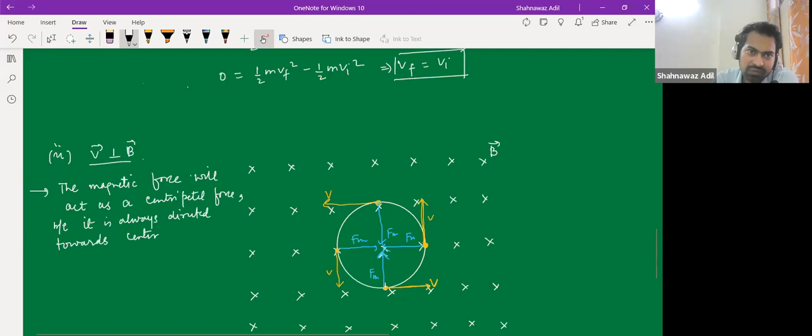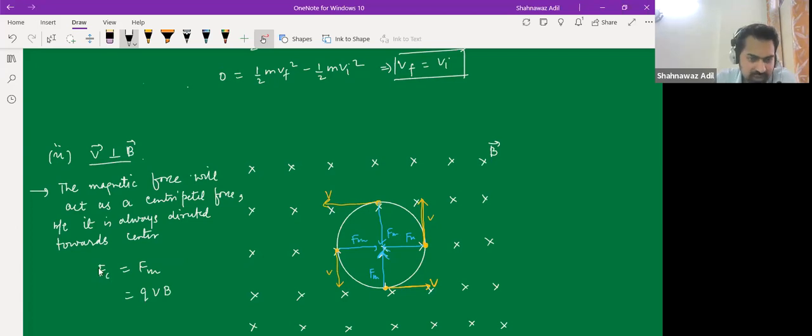So if Fm is the centripetal force, we know Fm is qvB.